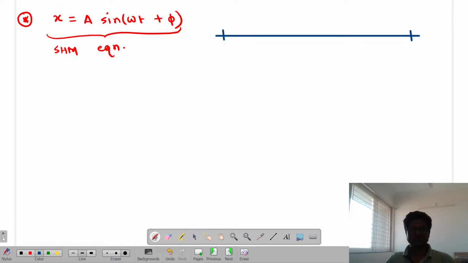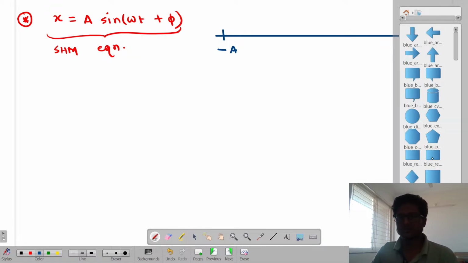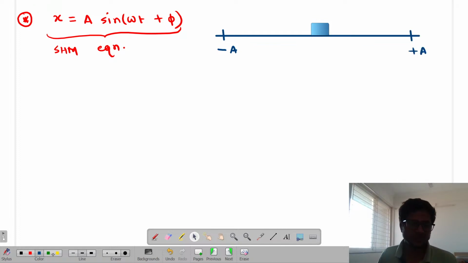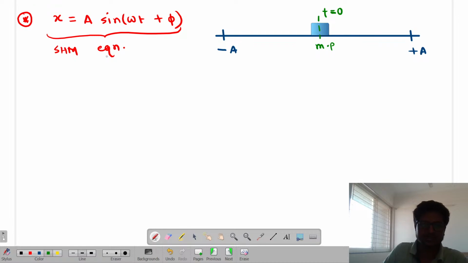These are my amplitudes, minus a and plus a, with the mean point in the middle. And if the body starts directly from the mean point, then phi is basically 0. This is the mean point where the particle was kept at t is equal to 0. If it goes towards the right, it is a sine omega t. If it goes towards the left, it is minus a sine omega t, isn't it? Are you able to get me or not?